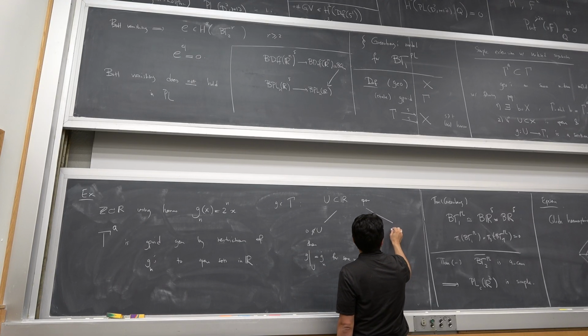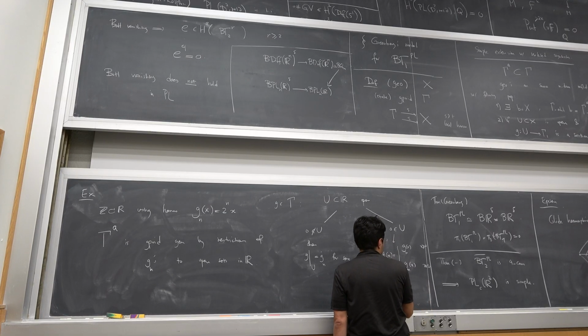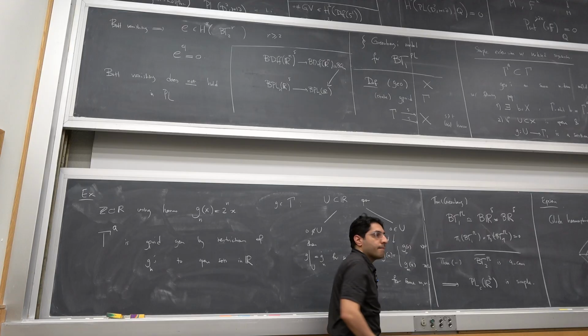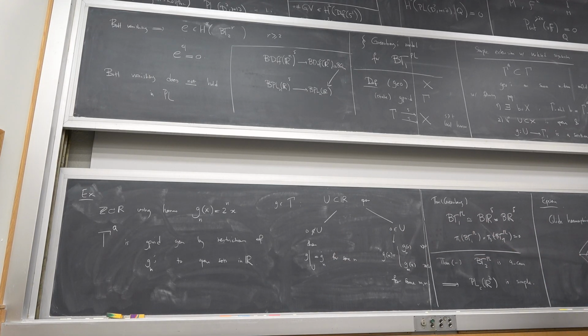And if 0 is in U, then G of x is given by G_n x for x bigger than 0 and G_m x for x less than 0, for some m, n. Okay? So you allow a singularity at this point.